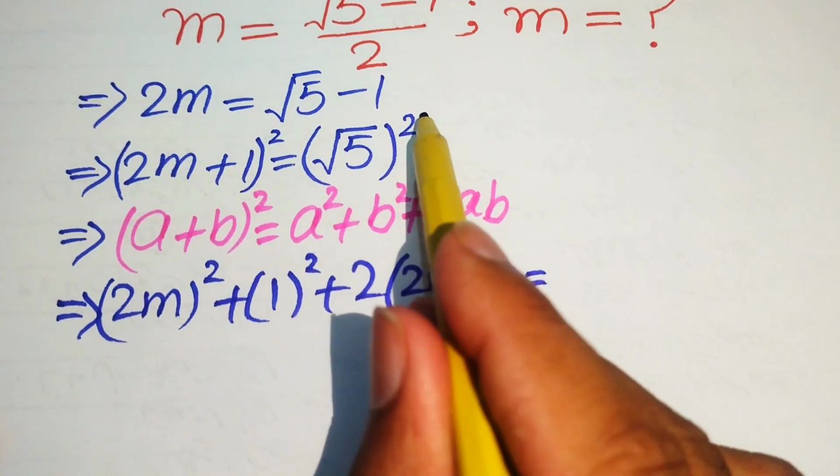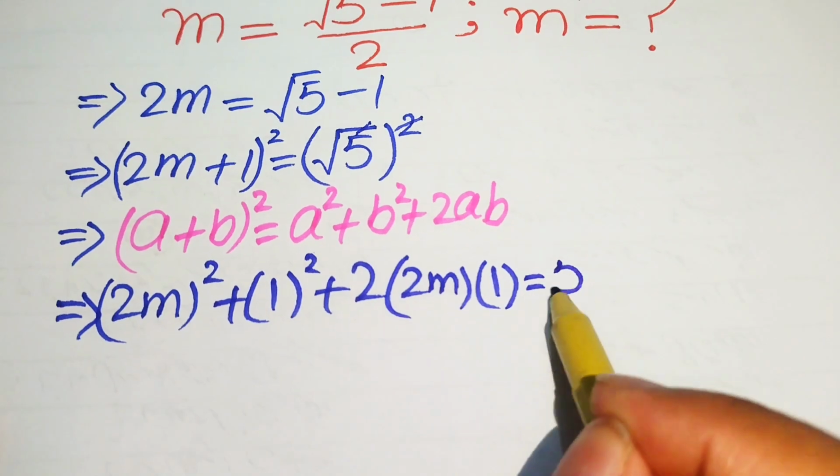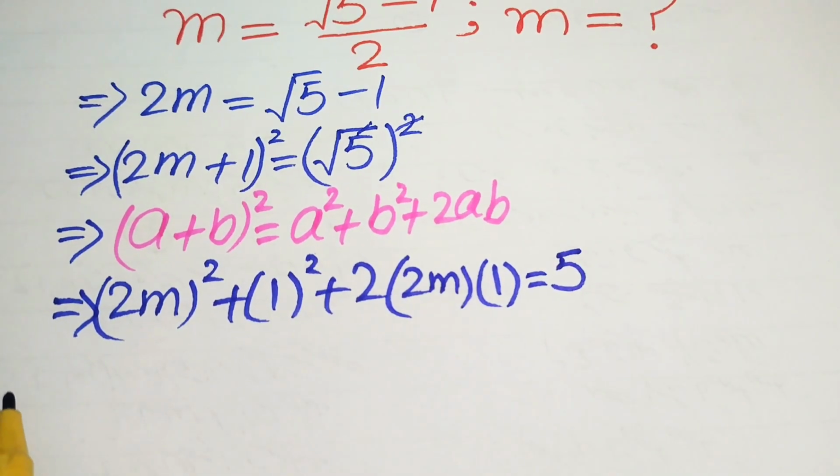This equals, since the 2 and square root are gone, 5 only.